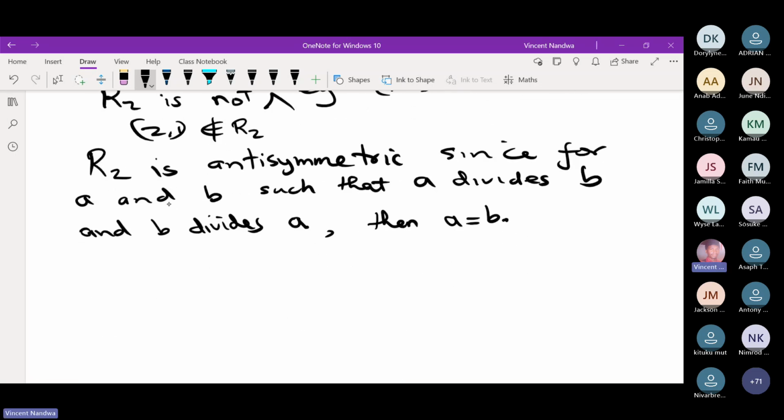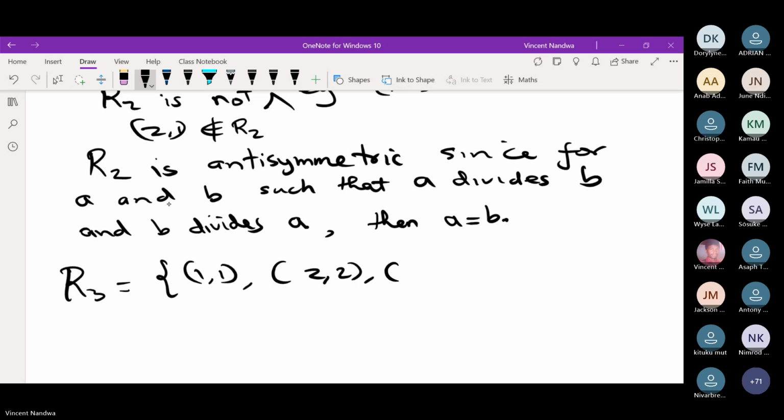Before we go on, let's have R3. If I have 1, 1, 2, 2, 3, 3, and I have 2, 3. Is R3 reflexive? Yes.